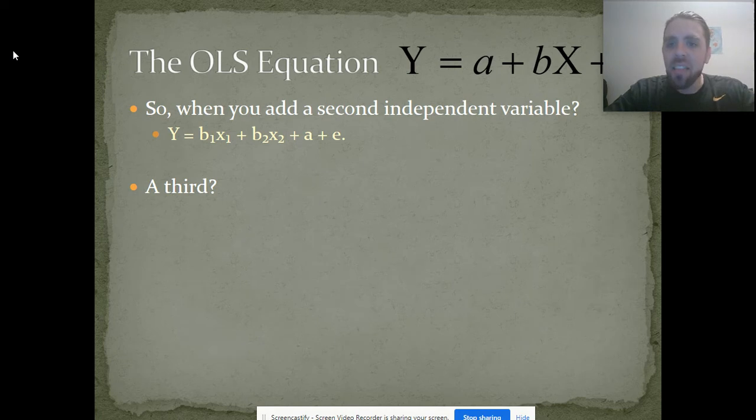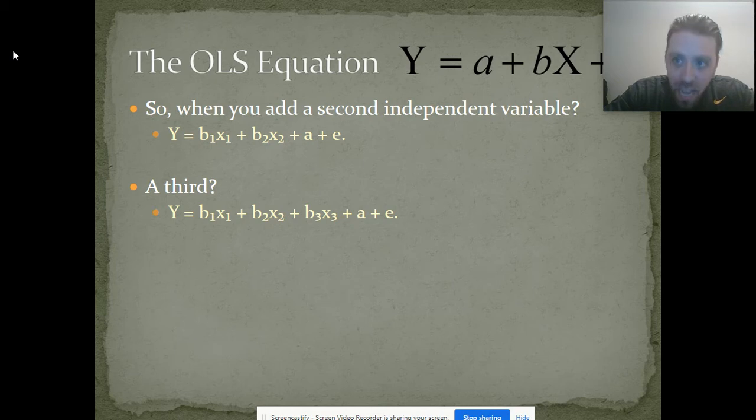What if you add a third independent variable? Well, by this point, I think you should see where this one's going. Y equals b1 x1 plus b2 x2 plus b3 x3 plus a, always a y-intercept, plus e.